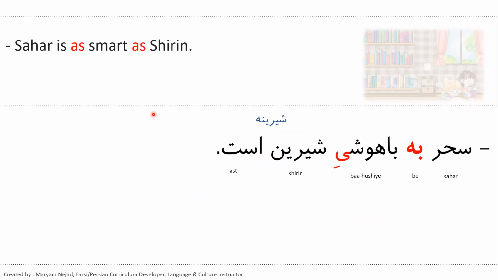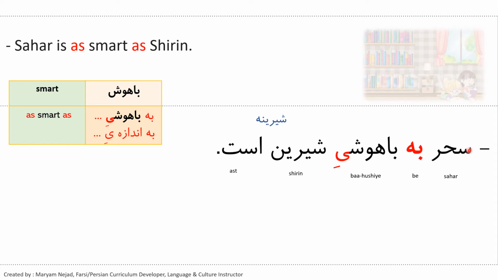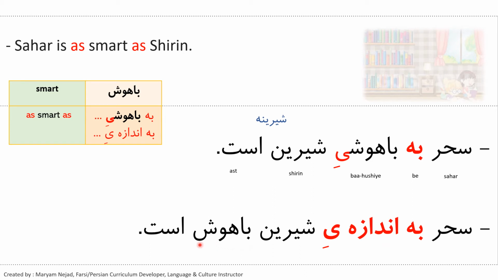But now we want to say Sahar is as smart as Shirin. And we have learned the first way earlier by using به and then attaching the letter ye or e to the adjective. سحر به باهوشی شیرین است. But now we want to use به اندازه, which is another way to say this sentence. سحر به اندازه شیرین باهوش است.